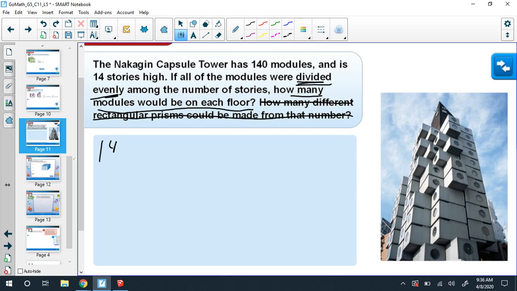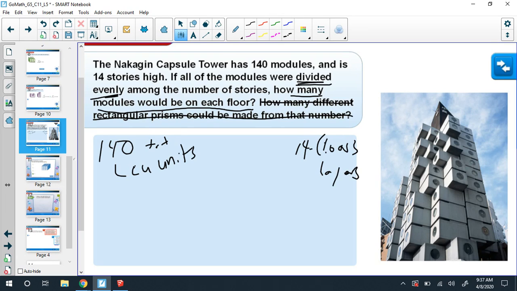We want to divide the modules up evenly. We know that there are 140 modules total, and we know that there are 14 floors. If we think about this in terms of unit cubes, this is 140 cubic units divided into 14 layers.